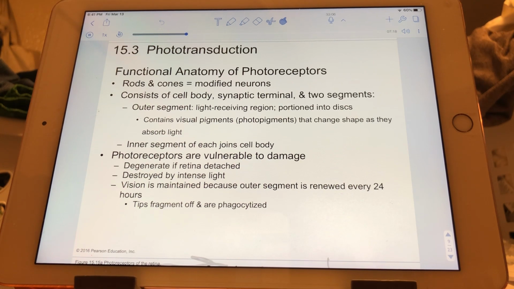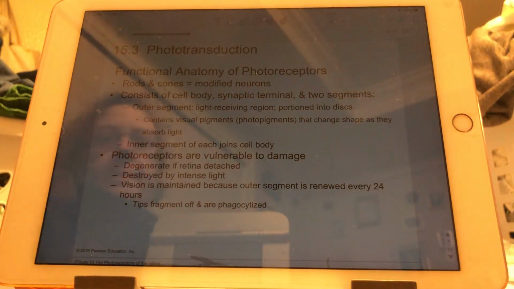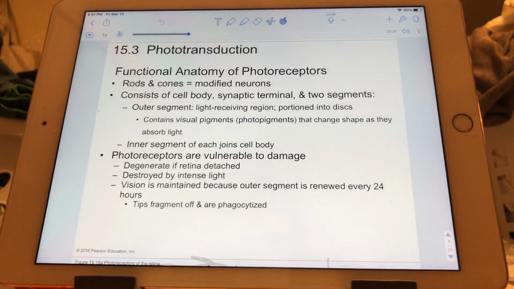So it almost looks like we have chloroplast in our retina, which is just fascinating. The outer segment also houses photopigments, yes, just as chloroplasts do. And those photopigments are molecules or proteins that change shape when they absorb light, okay? And that really starts the cascade that will ultimately be perceived as vision, okay?